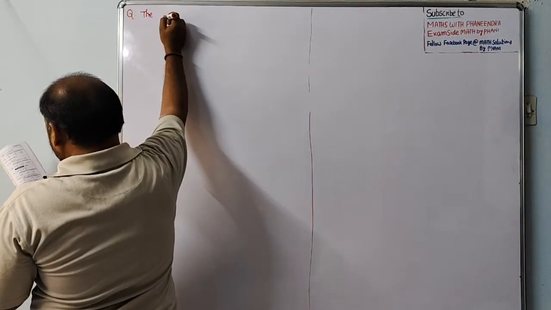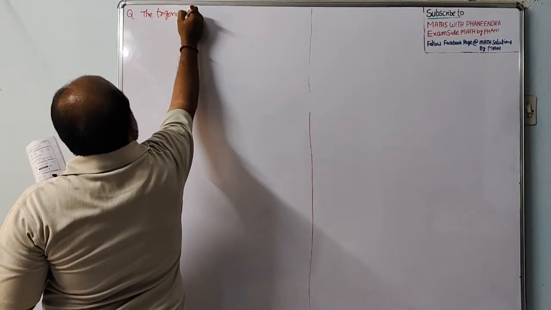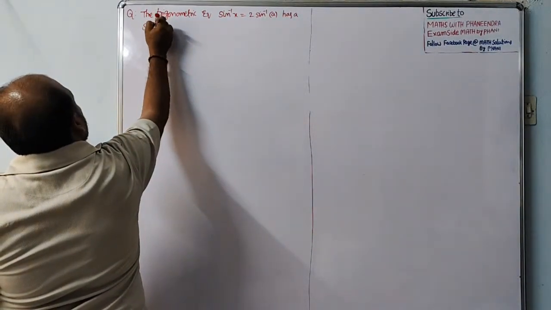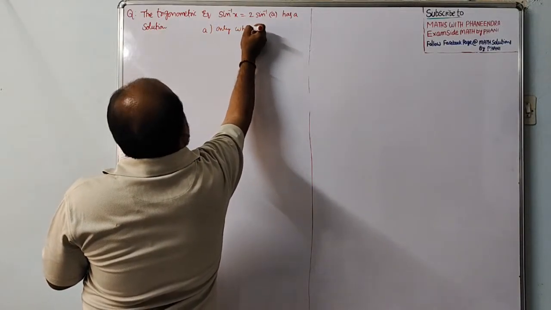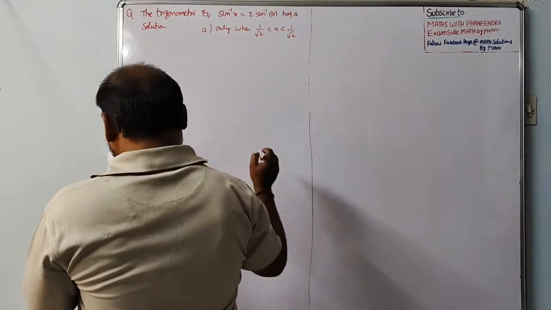Next question. The trigonometric equation has a solution only when 1 by root 2 is less than a is less than 1 by root 2.